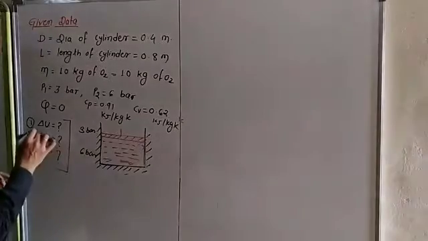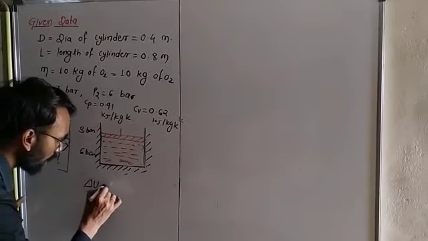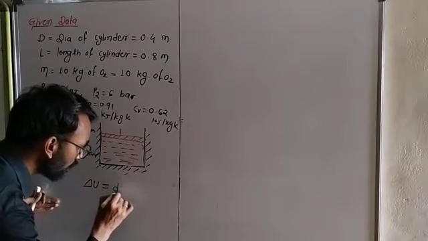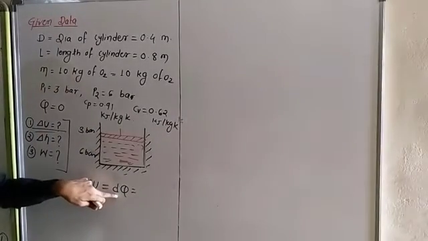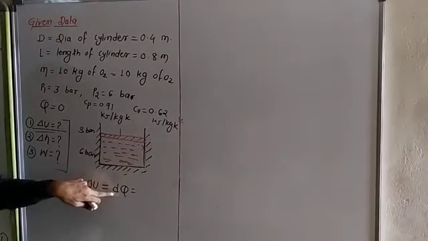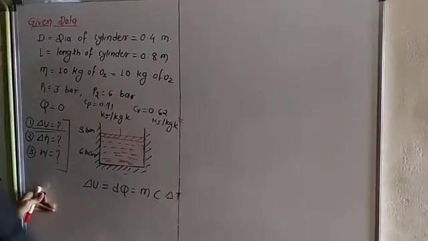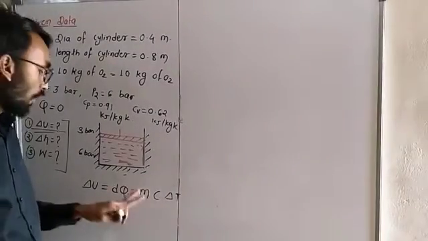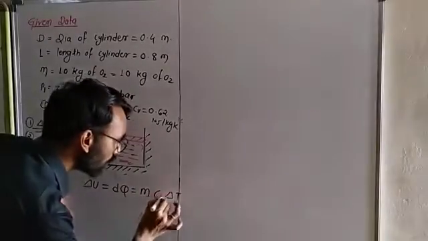The first thing is the change in internal energy. How to calculate the change in internal energy in the system? As we already discussed in the theory lectures, dQ is equal to mC delta T. Here I don't know whether to use specific heat at constant pressure or at constant volume, but in internal energy cases it is the specific heat at constant volume only.